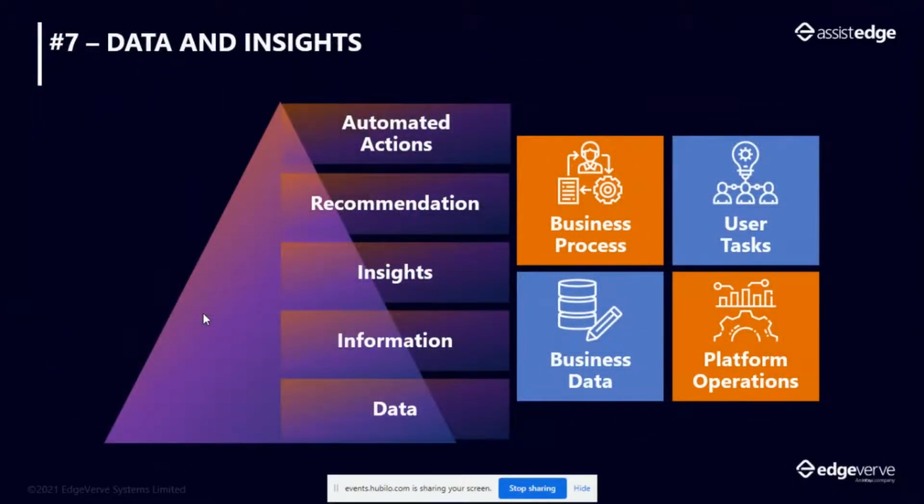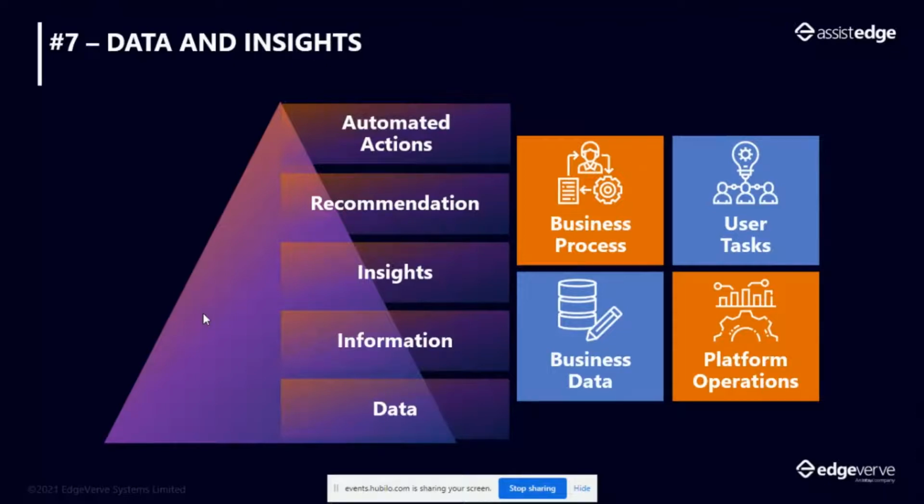I think this is the last one, but anyways, last but not the least, there is specialized attention to data-driven insights in the sense that in taking the raw data and, as a framework, working up the layers in creating information, in creating insights, in creating recommendations, and in certain right-fit use cases, taking automated actions as well.